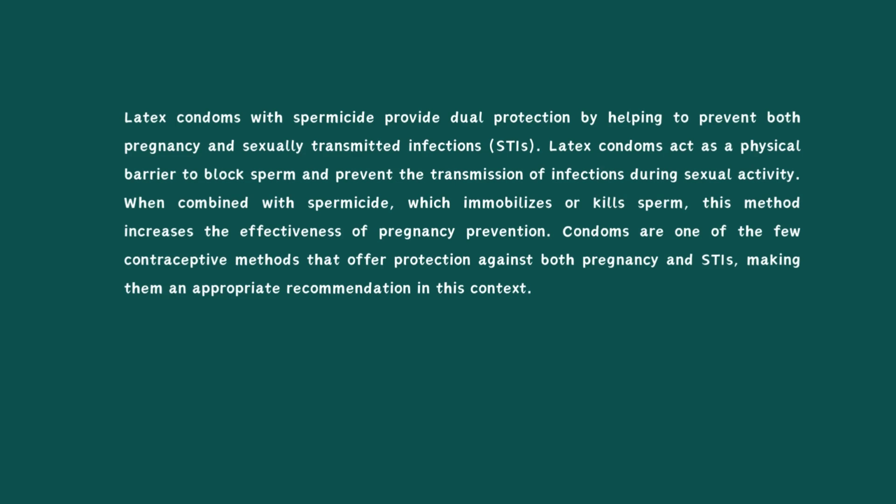When combined with spermicide, which immobilizes or kills sperm, this method increases the effectiveness of pregnancy prevention. Condoms are one of the few contraceptive methods that offer protection against both pregnancy and STIs, making them an appropriate recommendation in this context.